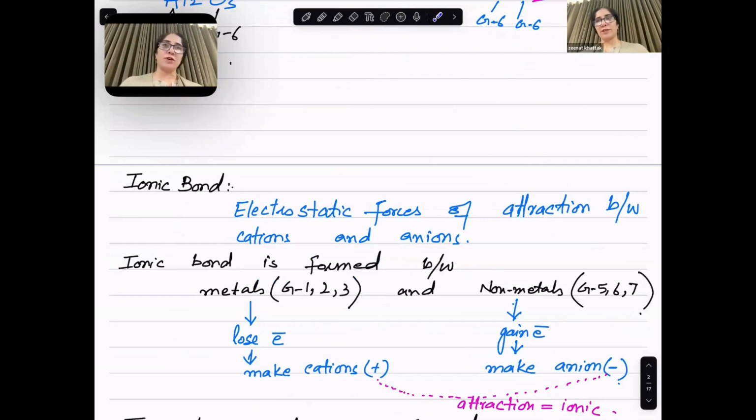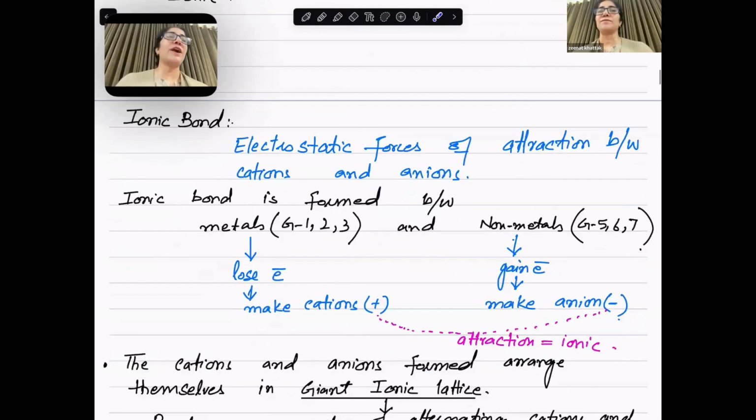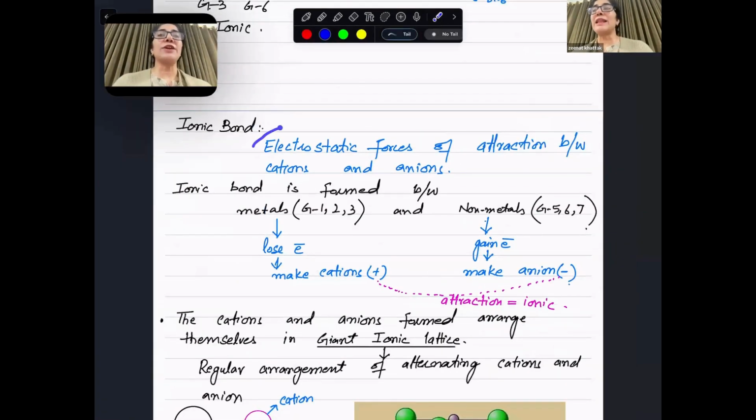Now, what is ionic bonding? How will you define ionic bonding? Ionic bonding is the electrostatic forces of attraction between cations and anions.